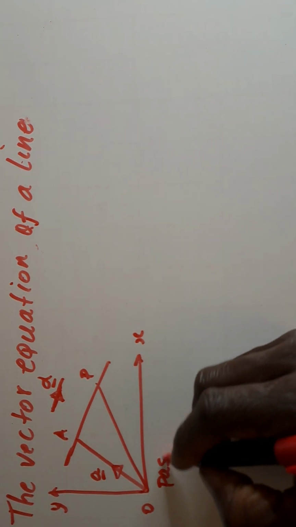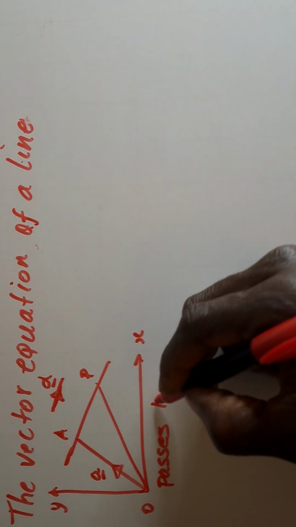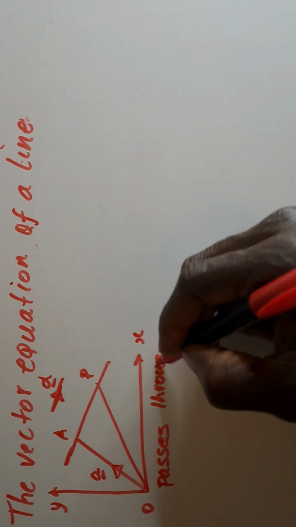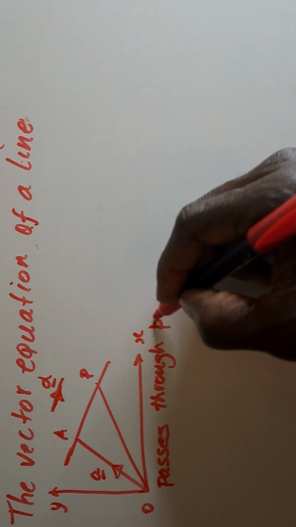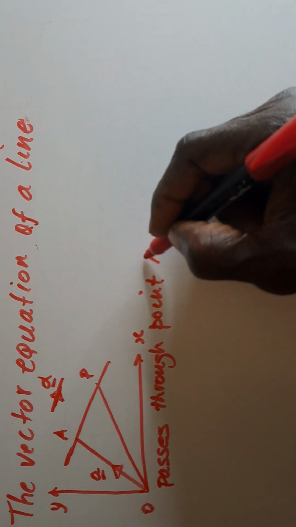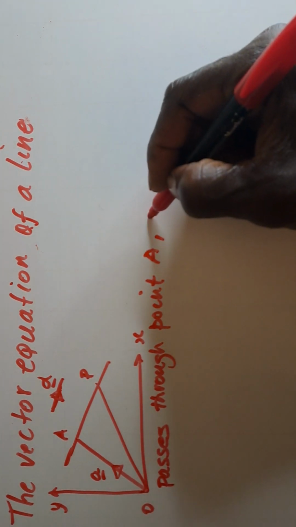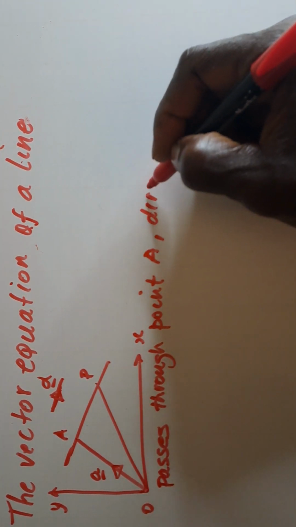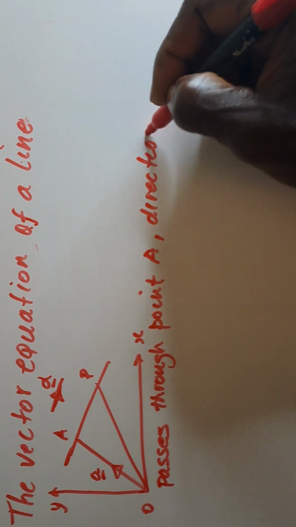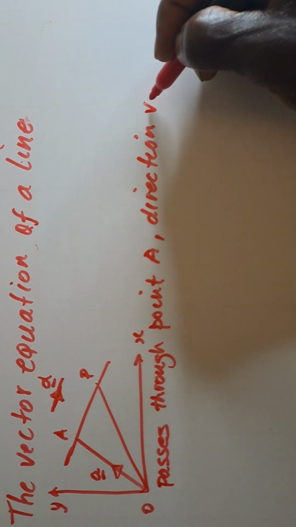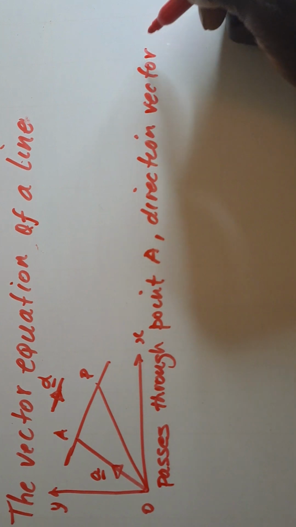So it passes through point A with a direction vector D.